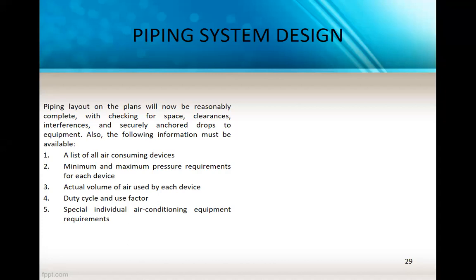Actual volume of air used by each device. 4. Duty cycle or use factor. 5. Special individual air conditioning equipment requirements. Air conditioning equipment, hindi ito yung aircon na malamig, kundi yung regulator, filter, yan. So filtration is also air conditioning.